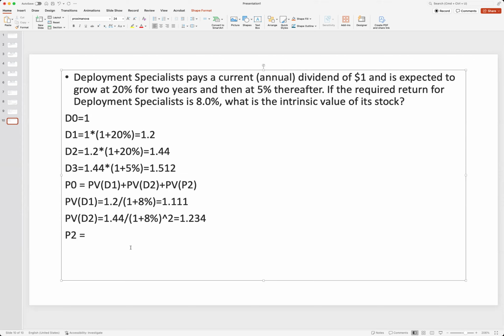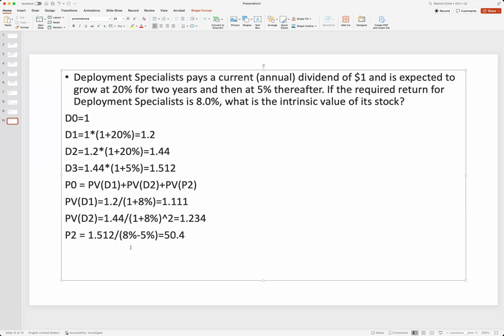Required rate of return is 8%. So the price is going to be D3, 1.512 divided by K minus g. 8% minus g, 5%. I get 50.4.